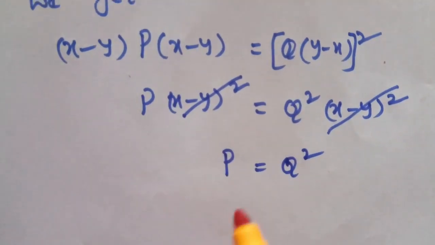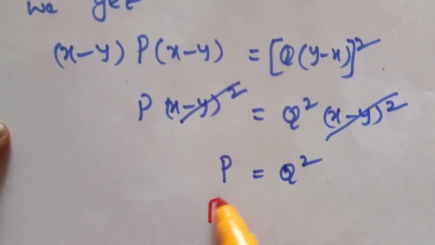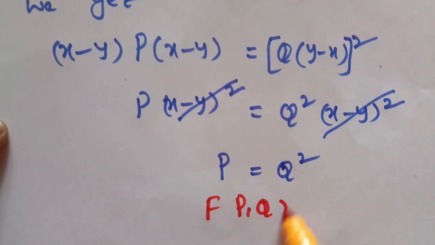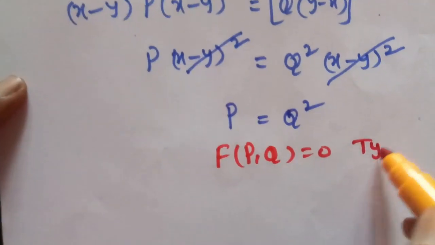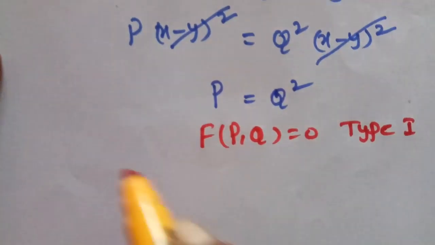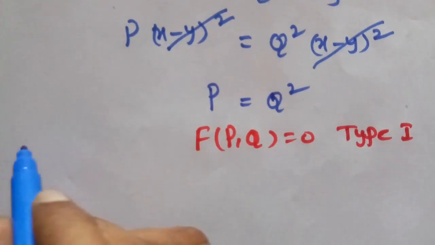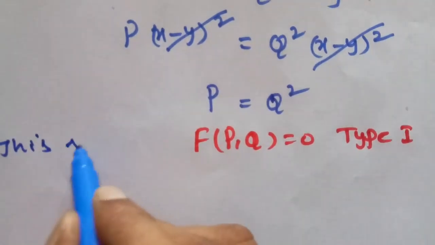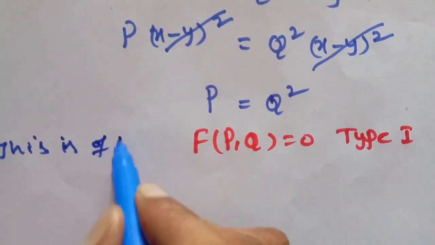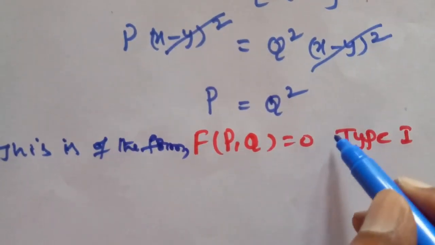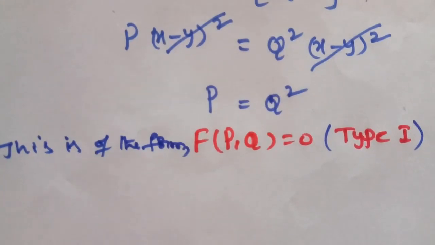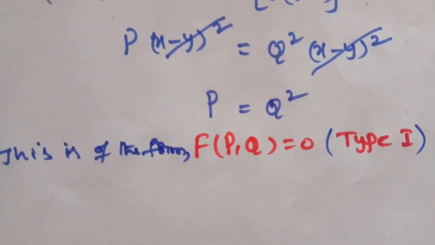Therefore this is of the form f of p comma q is equal to 0, type 1. So we already explained the procedure how to solve the problems belonging to type 1.